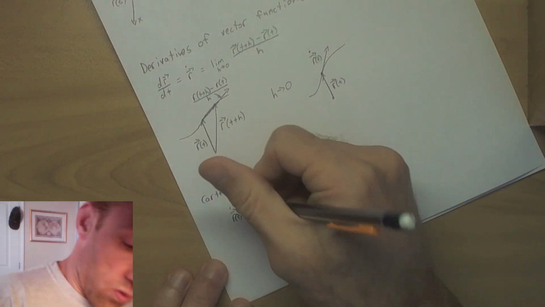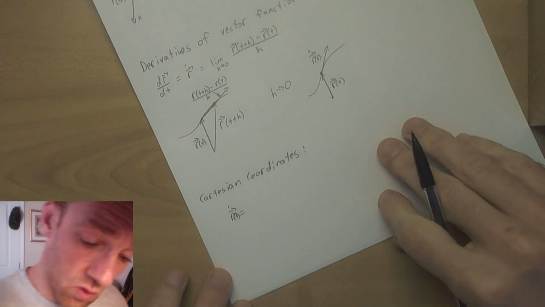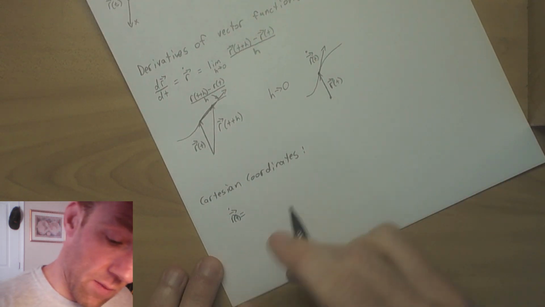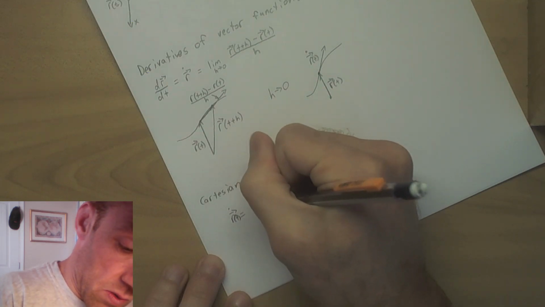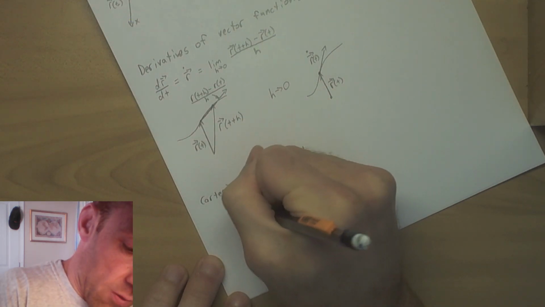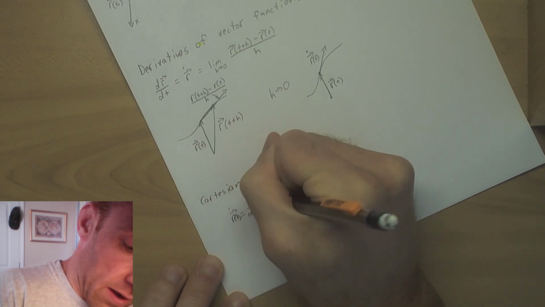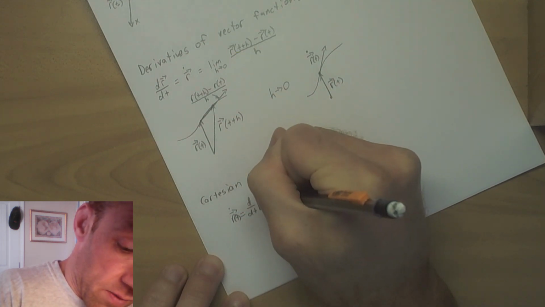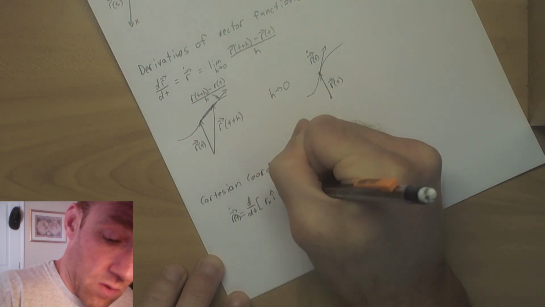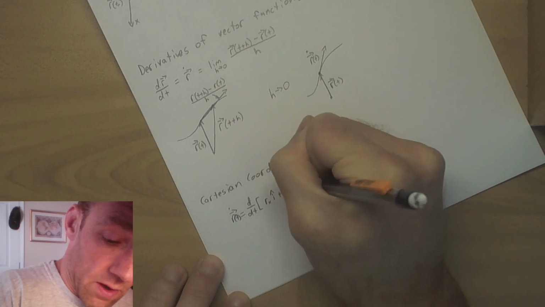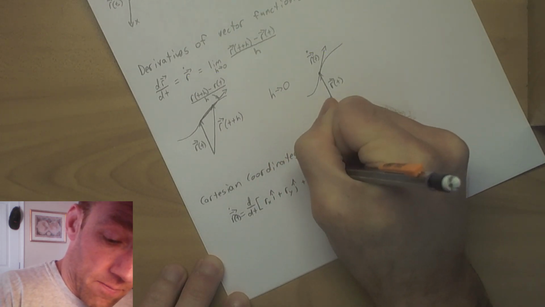Now, it's a little bit more complicated in certain coordinate systems, and I'll get into that in a little bit, but this is going to be equal to the time derivative of r_x times i plus r_y times j plus r_z times k.